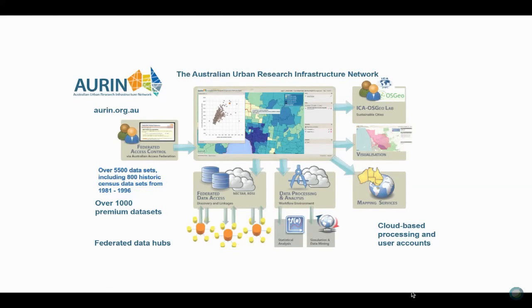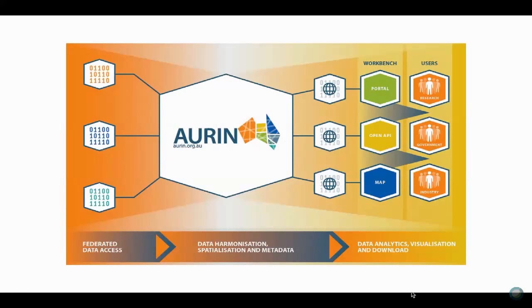The use is very heterogeneous, and the data sets need to be maintained. The only way to maintain them is to ensure that data generators look after their data and continue to make it of value. And therefore it is a federated data portal to these thousands of data sets.